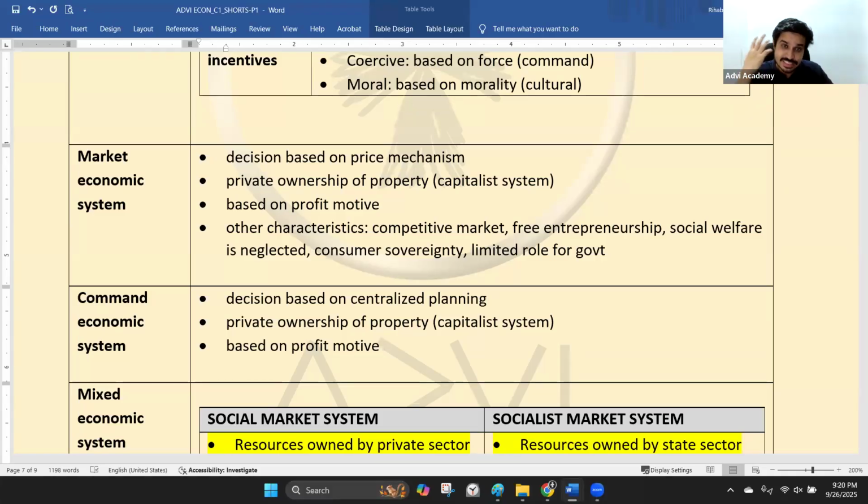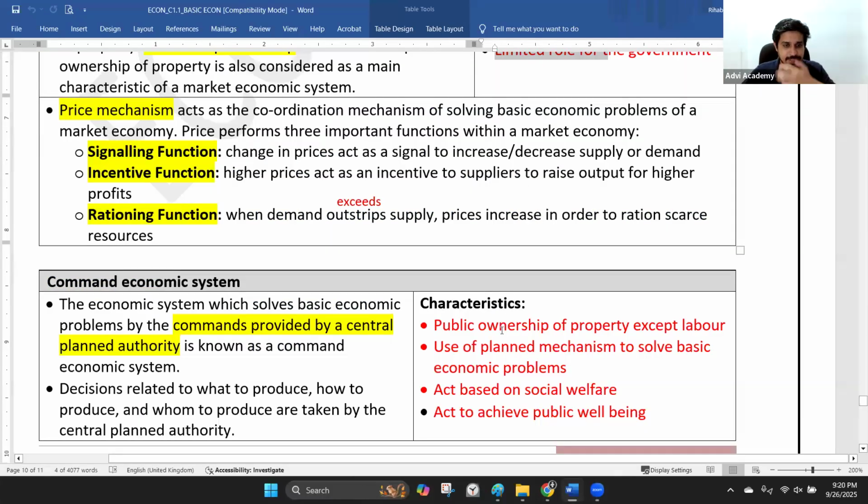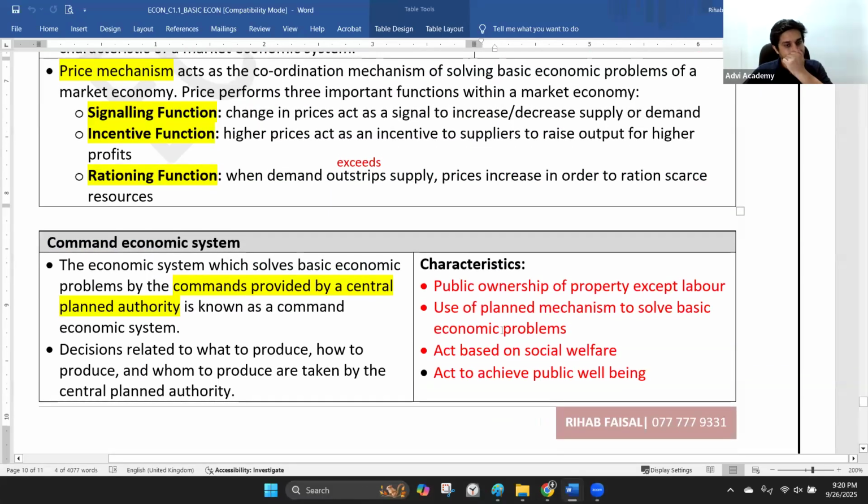This centralized planning is done by the government. So is there private ownership of property? Mainly the government ownership of property is the only one, which is the socialist system. That is why these two go hand in hand. Government ownership of property, and then except labor.